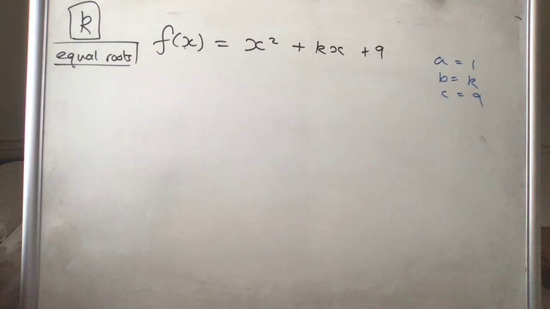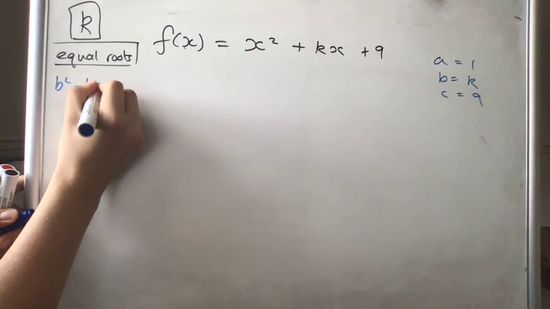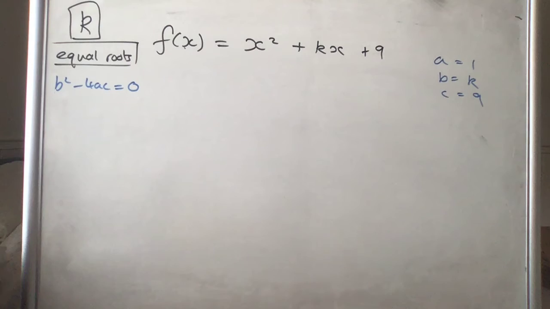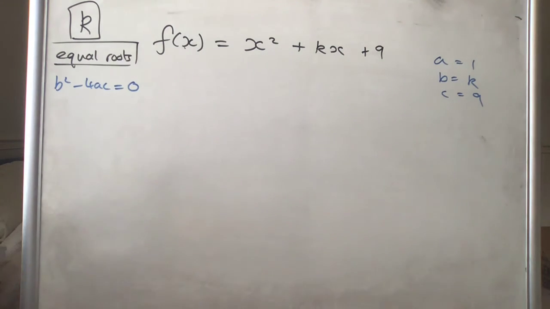Now, we know the quadratic function will have equal roots when the discriminant is equal to 0. So equal roots means b squared minus 4ac equals 0. So we simply want to substitute a, b, and c into the discriminant to get an equation with one unknown, which is k.